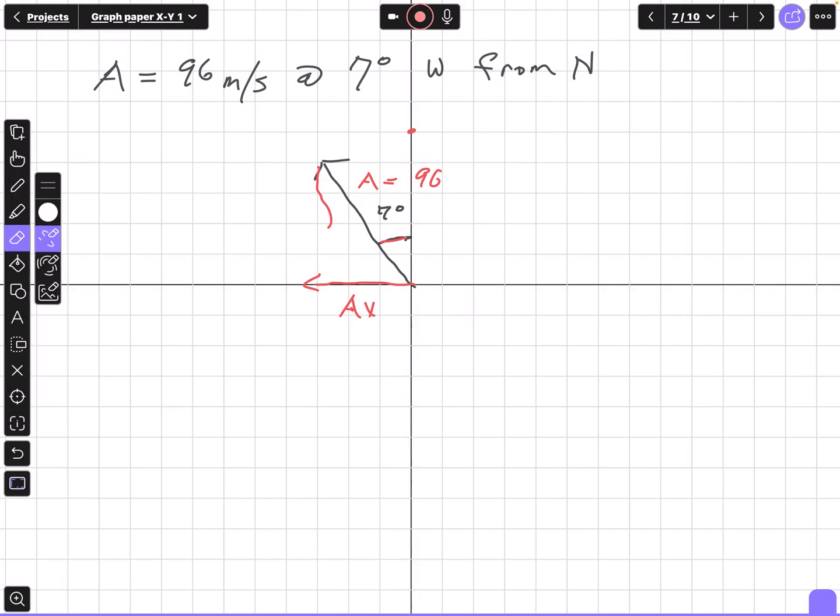And I can't draw very straight, so I'm going to put graph paper on here where I can draw straighter lines, and it still doesn't work. And this is AY. And I just drew that wrong. I need to redo that.